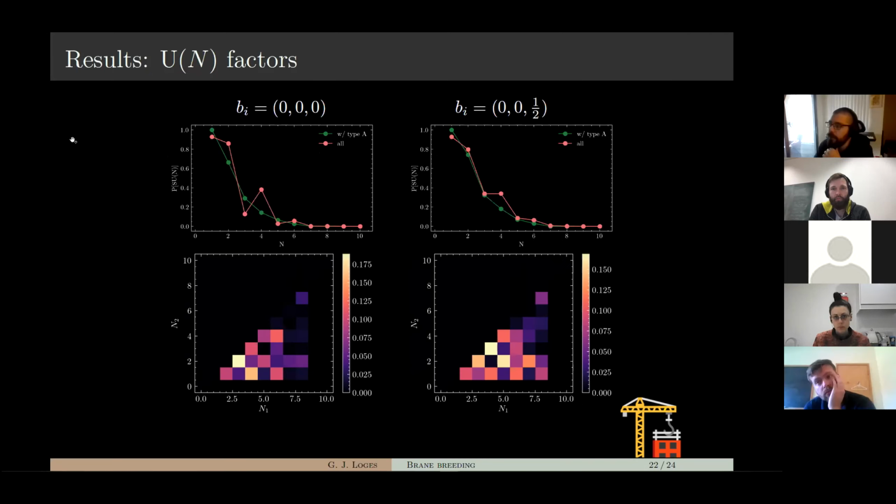So on the top row here are the distributions themselves. These are the proportion of models which have a particular SU(N) factor. We see again the suppression of the odd ranks when you have untilted tori, less suppressed or not suppressed at all when you have tilted tori. And on the bottom row is showing the correlation between having two factors, an SU(N1) and an SU(N2).